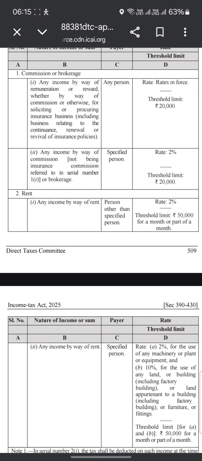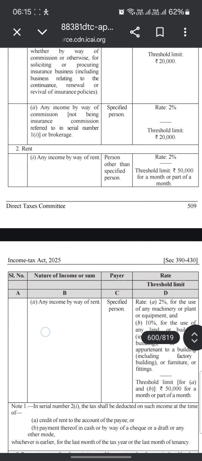Up to 4 lakhs there is no tax, for the next 4 lakhs it is 5%, for the next 4 lakhs it is 10%, and after that it is 15%. This way your tax would be calculated for deducting TDS. After calculating, that rate would be considered for deducting TDS. The threshold limit has been kept at 20,000 only.